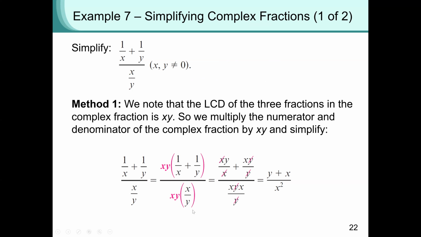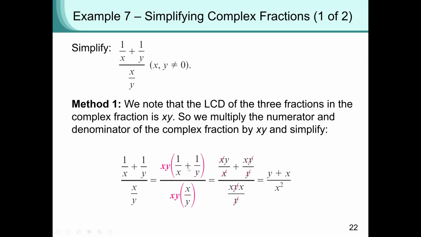And we do the same thing down here. y cancels y, so we have only x squared. And here we have x over y. So that's why we get xyx over y here. And since the y's cancel each other, we get only x times x, which is x squared.